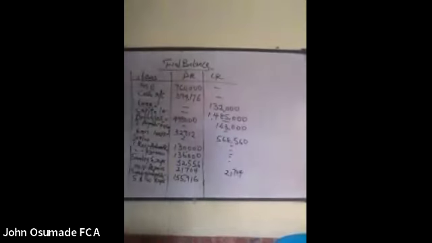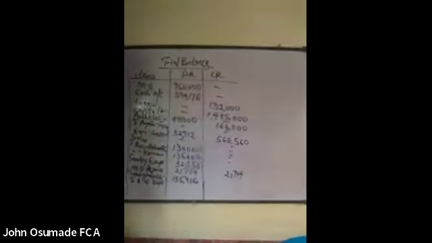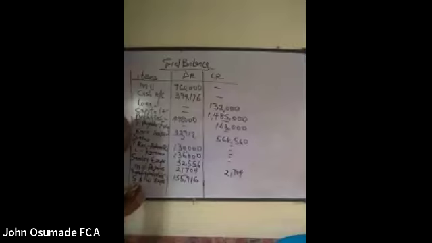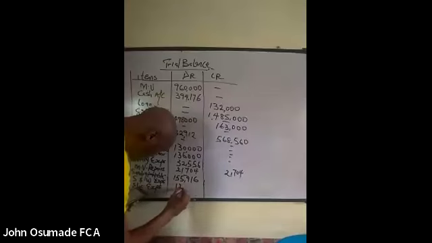Next. Electricity expenses, debit side, 12,000.